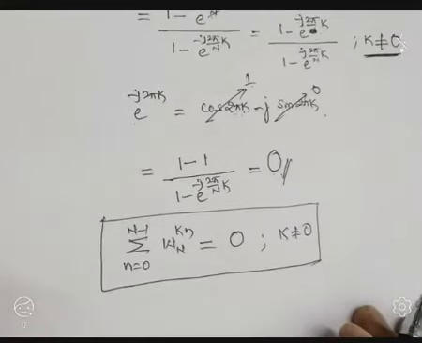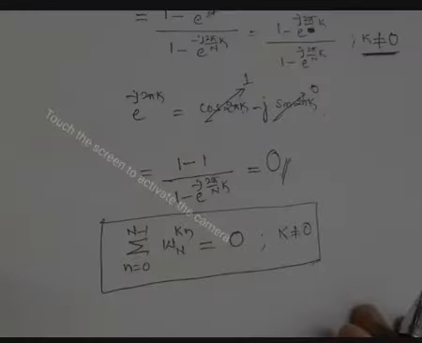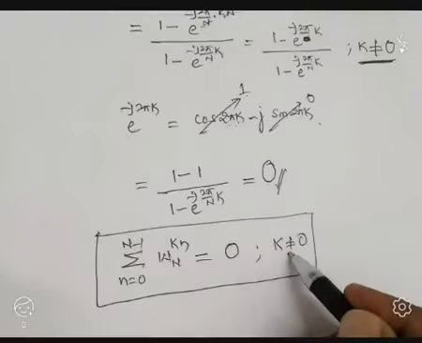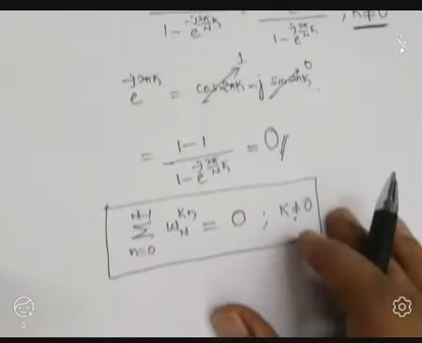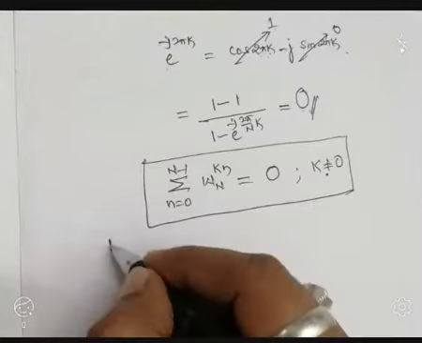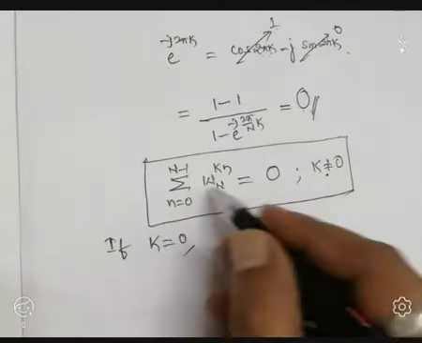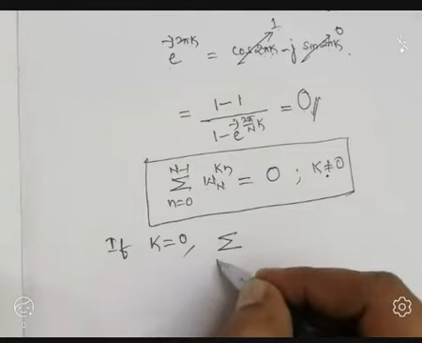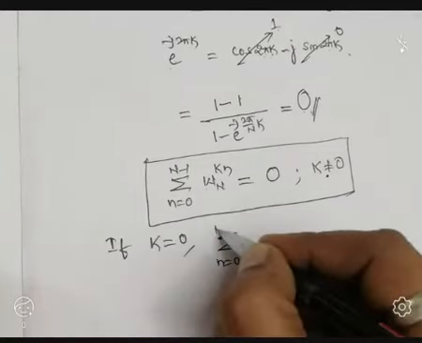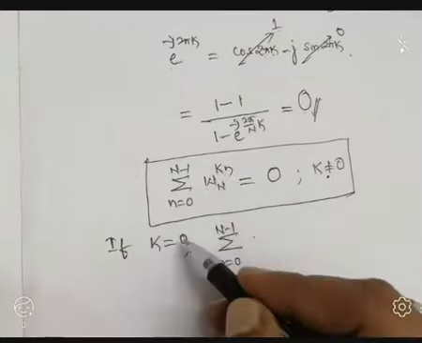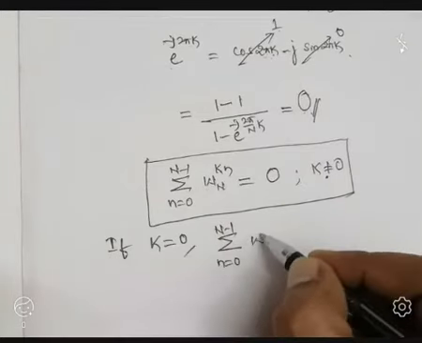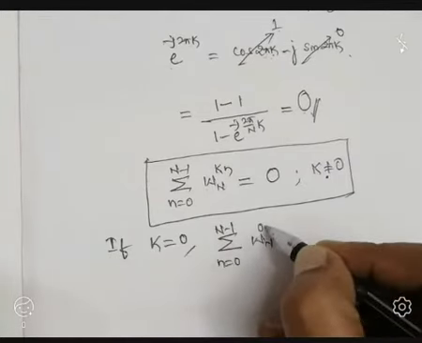If I take k equal to 0, what happens? If I take k equal to 0, then this becomes summation n equal to 0 to N minus 1. Wherever k is there, substitute 0. It becomes W_N to the power 0 multiplied by n.